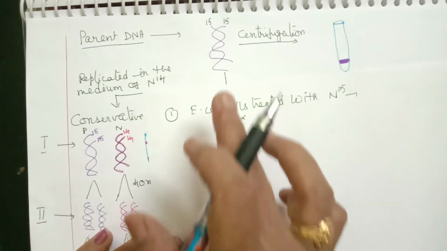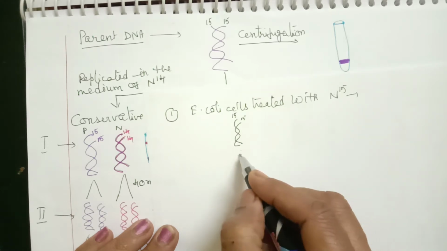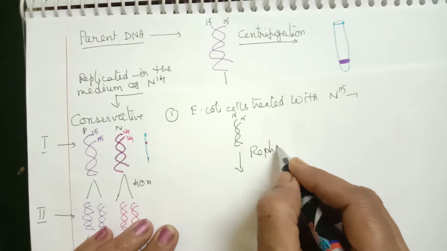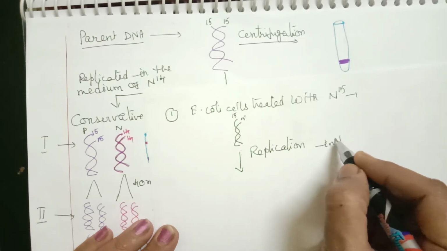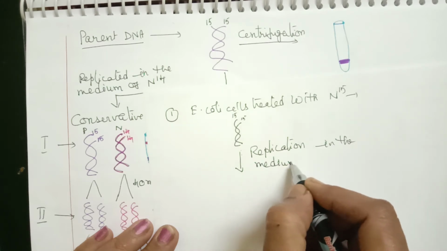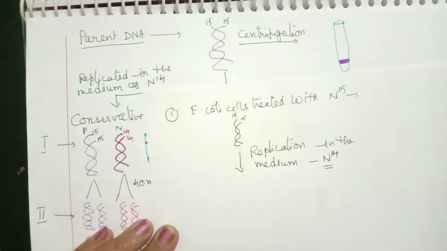This DNA is then subjected to replication in the medium containing N14, that is normal nitrogen.